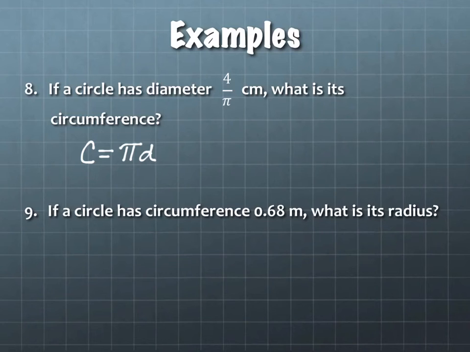And in this case, they tell us that the diameter is 4/pi. So what happens when you multiply pi by 4/pi? Yeah, you get 4. So this is equal to 4 centimeters, because the diameter was given in centimeters.